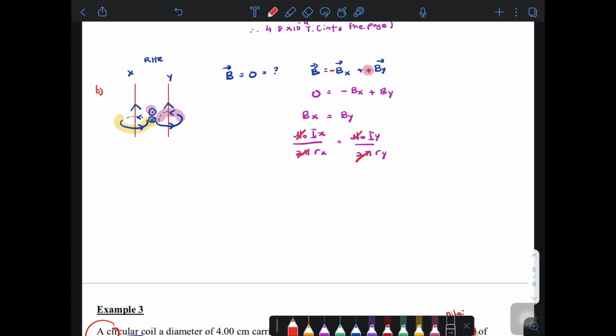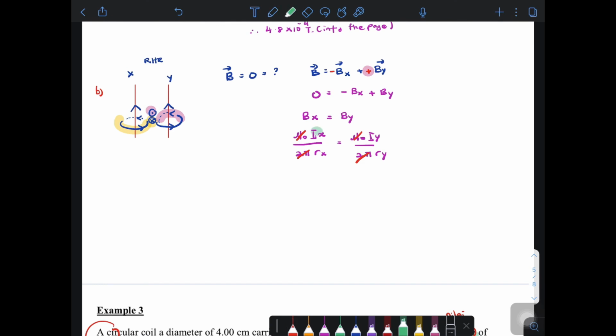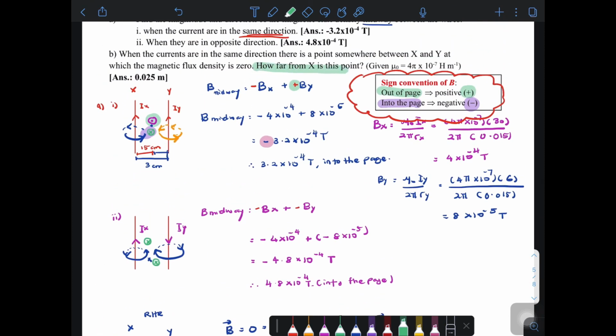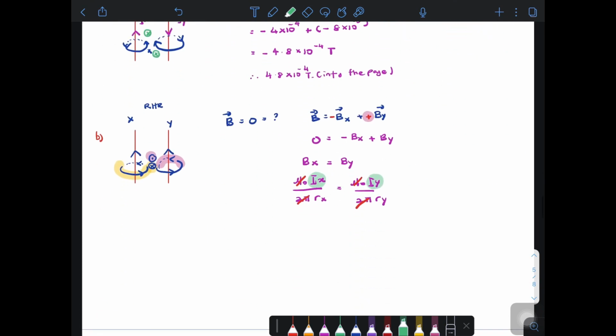So Ix is given dekat soalan tadi. Nilai Ix masih lagi 30 dan nilai Iy masih lagi 6. So Ix ada, Iy ada. What about Rx? So Rx, sebab soalan kata how far from X is this point. So kita nak cari Rx. Rx yang kita nak cari.